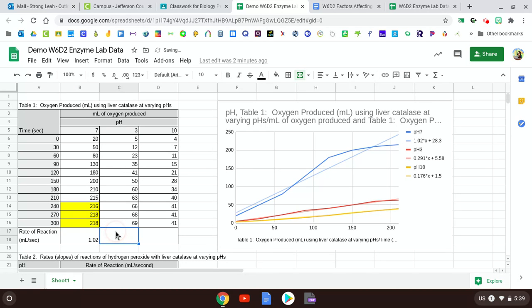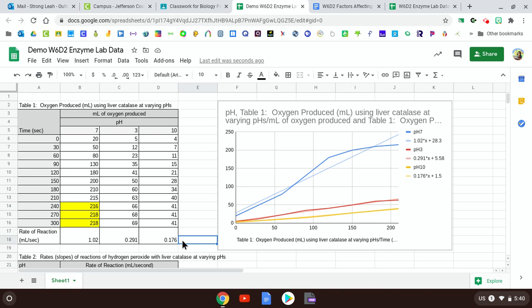And here we're going to put 0.291. And then here we're going to put 0.0, nope, I'm reading that wrong. 0.176. So that is the rate of reaction for our pH of 7, pH of 3, and our pH of 10.